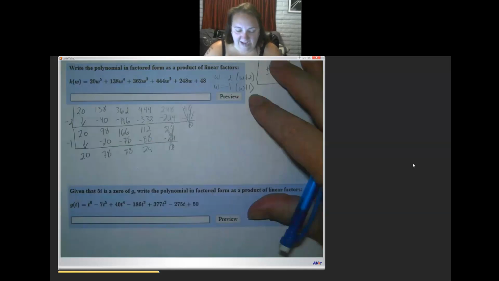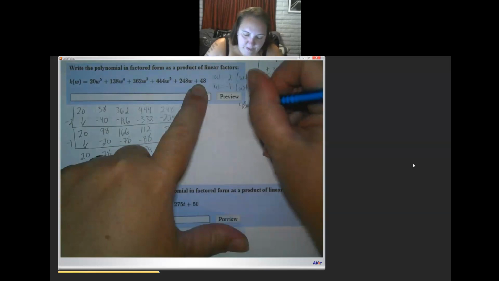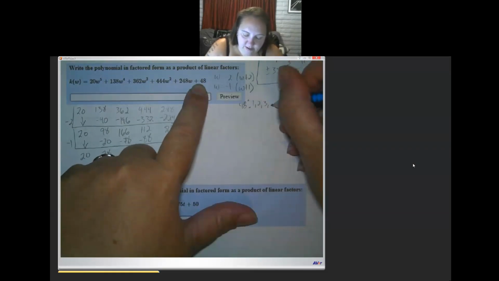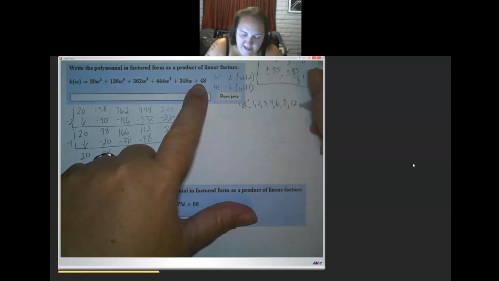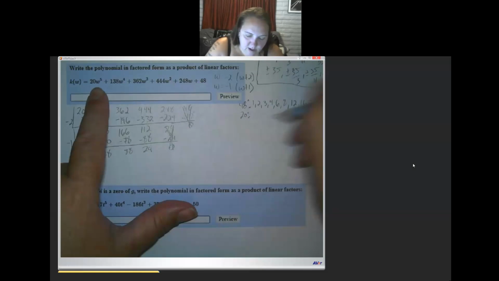So the factors of 48, excuse me, are 1, 2, 3, 4, 5 doesn't go in, 6 goes in, 8, and then we're back. So 12, 3 goes in 16 times, 2 goes in 24 times, and then 48. And then the factors of 20 are 1, 2, 4, 5, 20.